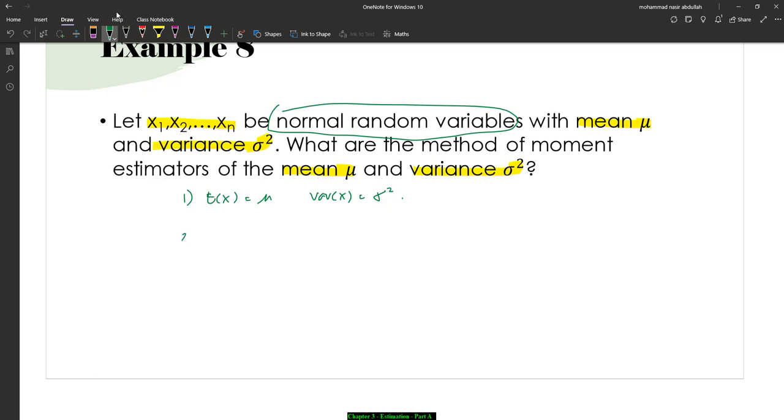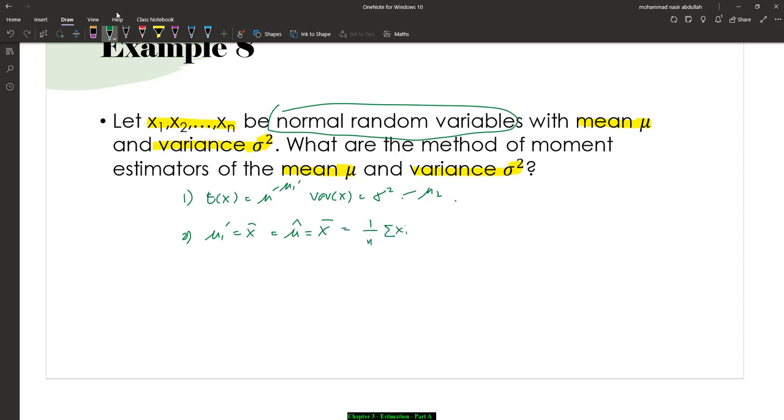The second step, we need to equate. This is mu1 prime and this is mu2. So we equate mu1 prime equal to x bar, so mu hat equal to x bar, which is also equal to 1 over n summation of xi.